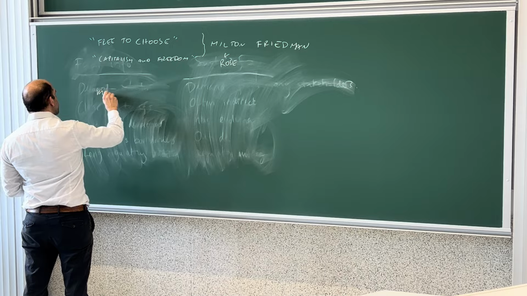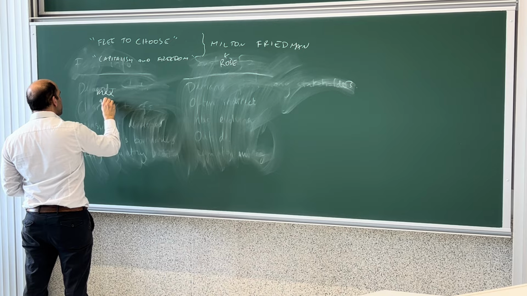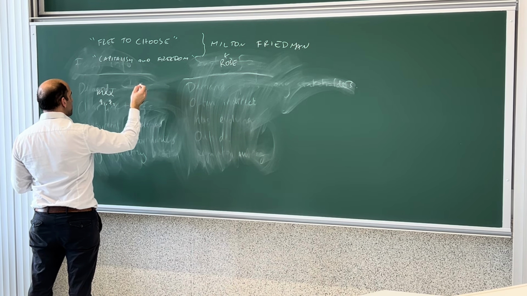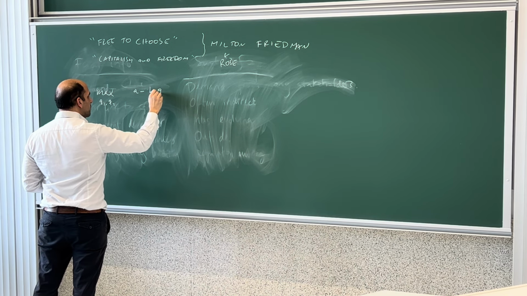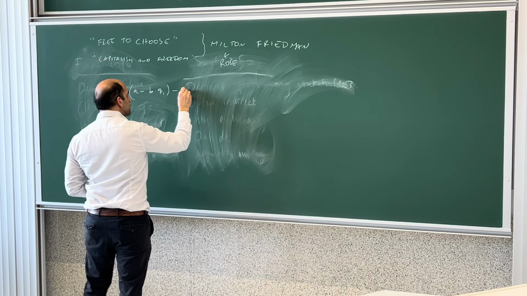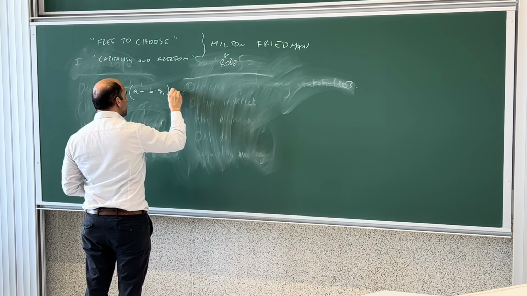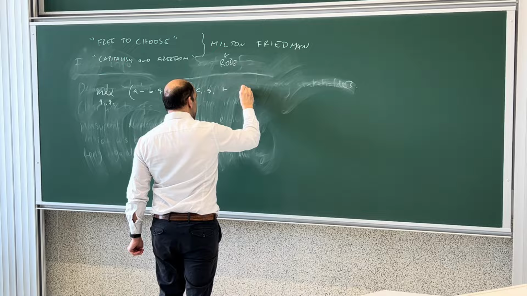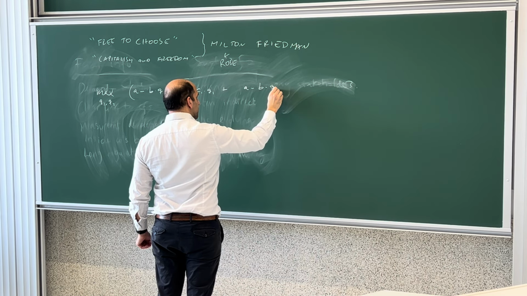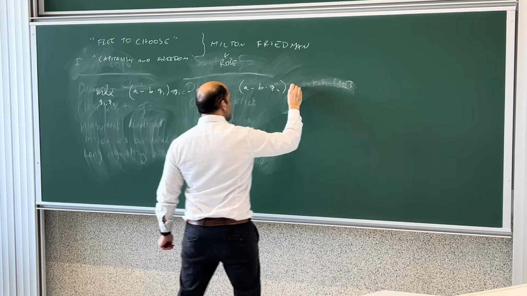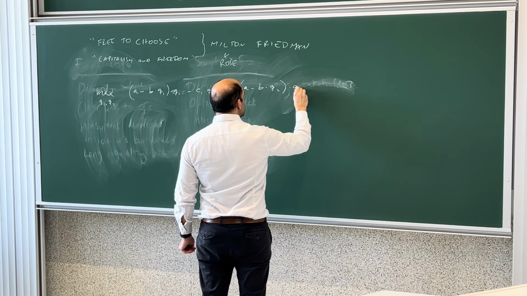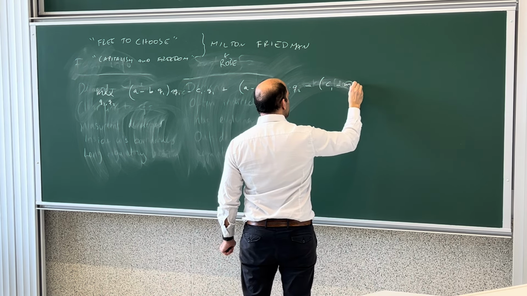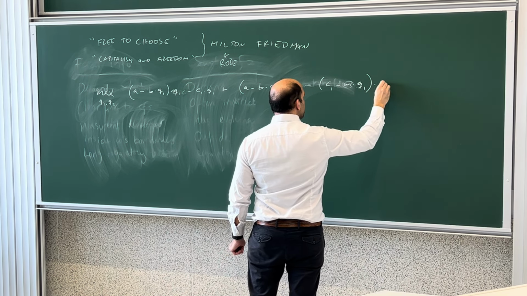So we want to maximize, choosing Q1 and Q2, the profits in period 1, so (A minus B times Q1) times Q1 minus C1 times Q1, plus (A minus B times Q2) times Q2 minus C1 minus M times Q1 times Q2.